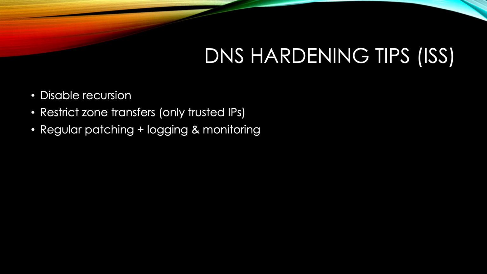So limiting transfers to any trusted secondary servers would reduce data exposure and the potential risk of spoofing. And lastly would be to regularly patch and enable the logging, and this would ensure the DNS software would remain secure from any known vulnerabilities and provide visibility into suspicious or unauthorized activity.